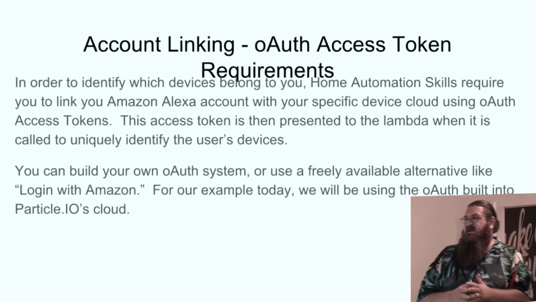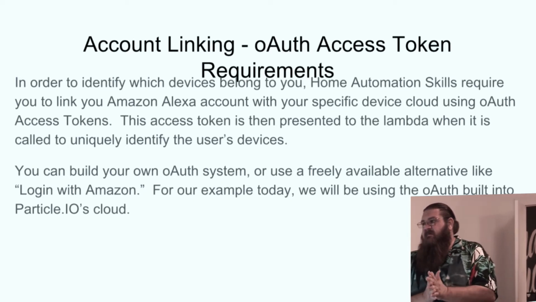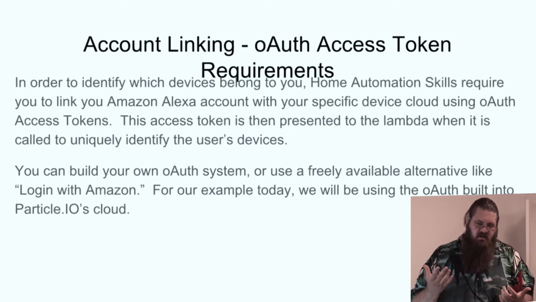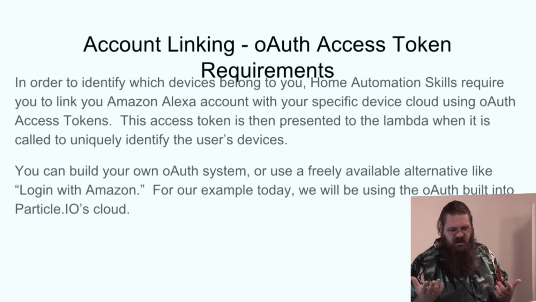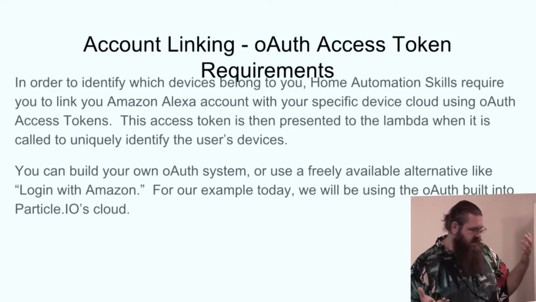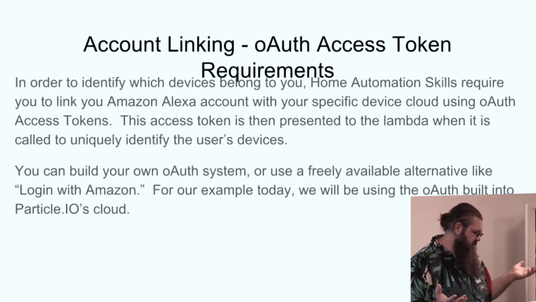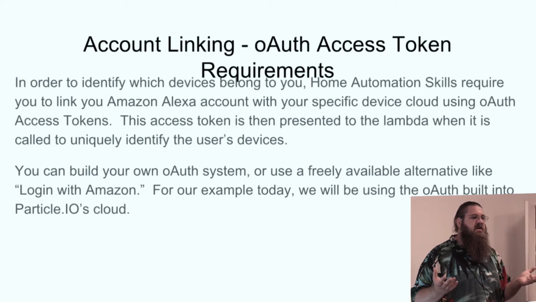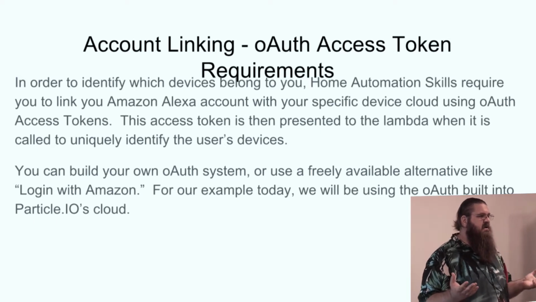The OAuth access token requirement is very simple. You've got to be able to pair my Amazon Echo with my Lutron lighting control system that has its own cloud component.